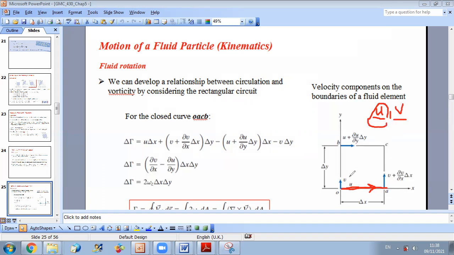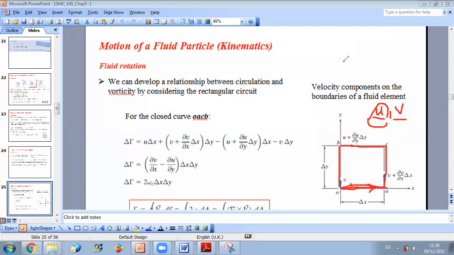So when you integrate over OA, you will use the u component. When you integrate over AC, you will use the v component of your velocity field. When you integrate over BC, you will use the u component along BC. And when you integrate over BO, you will take the v component.